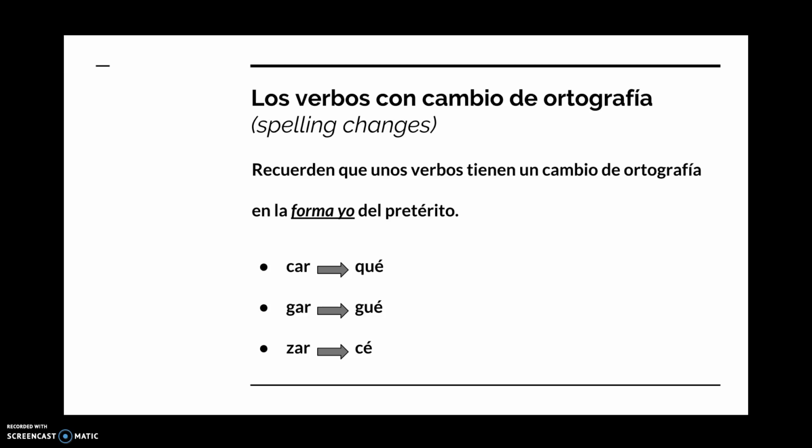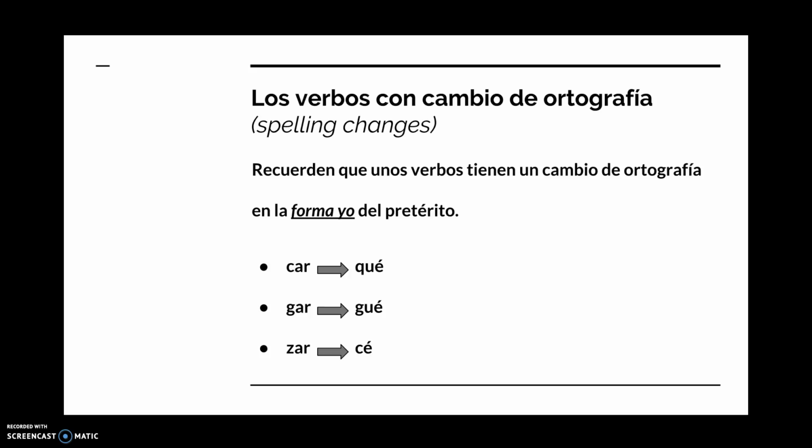Remember that verbs that end with car, like sacar, or tocar, or empacar, change to qué, QUE, con acento, in the yo form. Verbs that end with gar change to GUE, con acento, in the yo form.